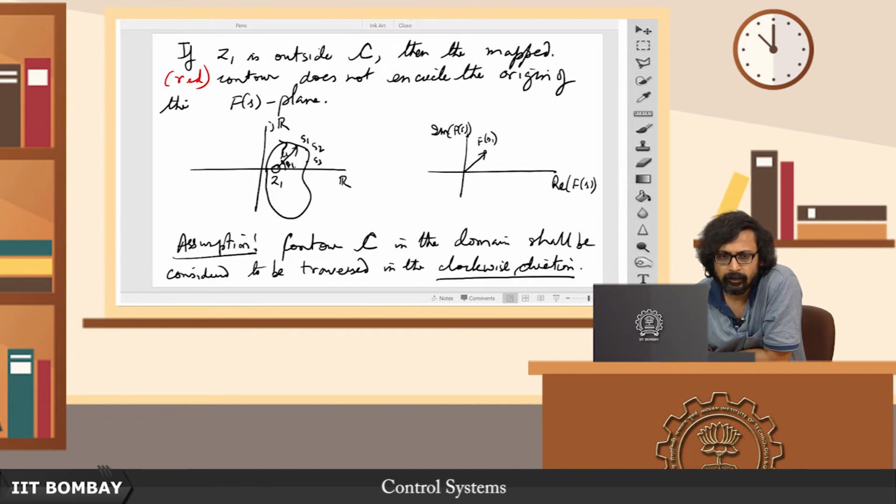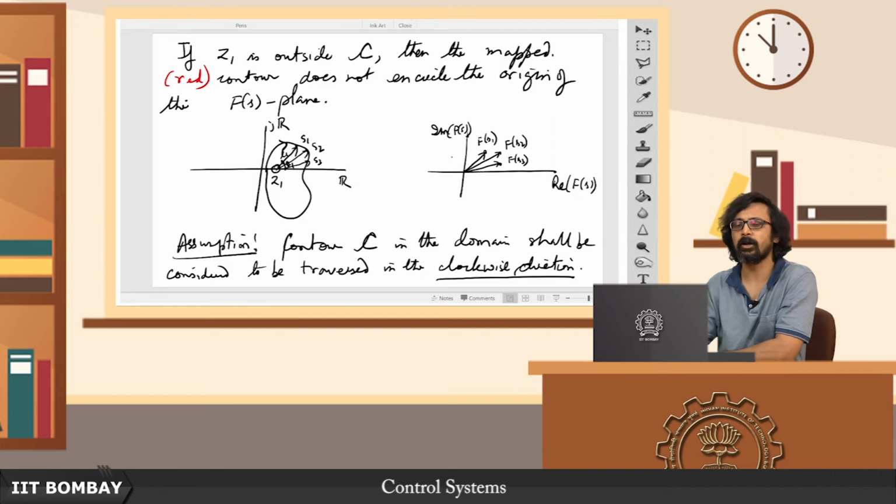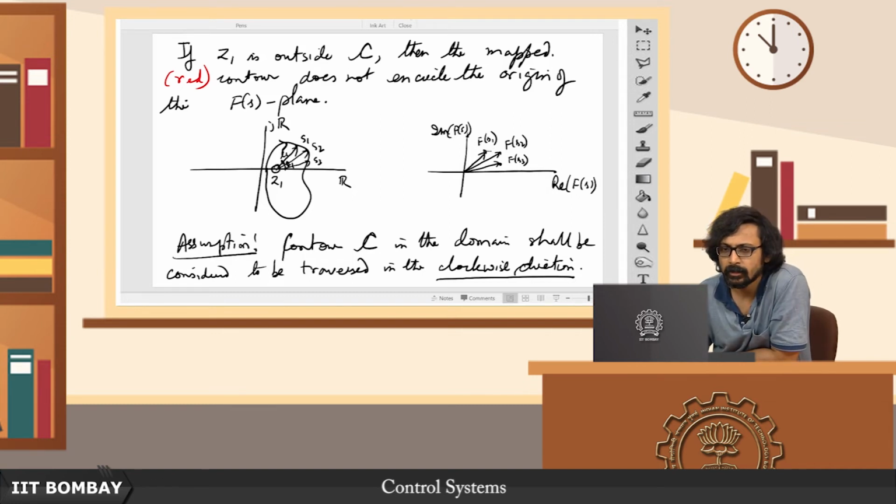Then we go here, which is f of S2. Similarly, you have here f of S3. You see, the direction of traversal is still clockwise. We can still observe that the direction of traversal here is also clockwise.